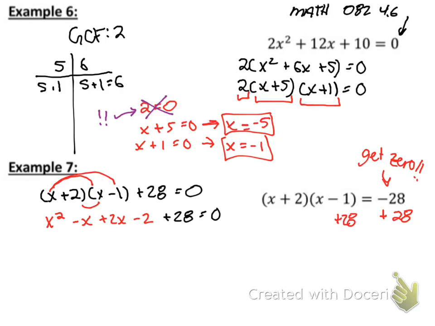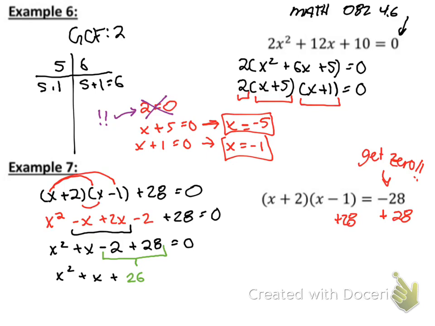As you can see, you can combine the middle terms. So we get x squared plus x minus 2 plus 28 equals 0. Hopefully now you can see that negative 2 and positive 28 are also like terms. So we're going to end up with a 26 here, and then we'll just go ahead and bring down everything else.